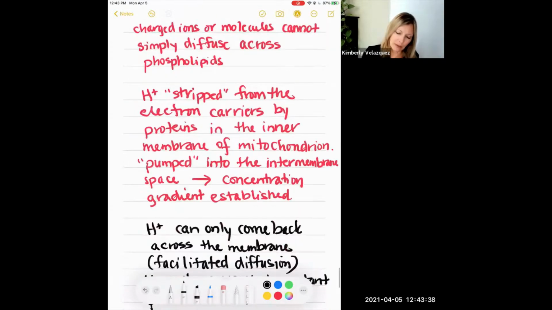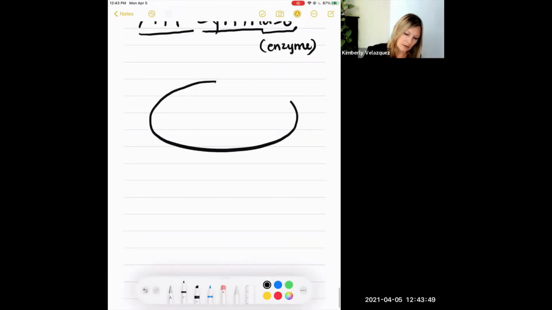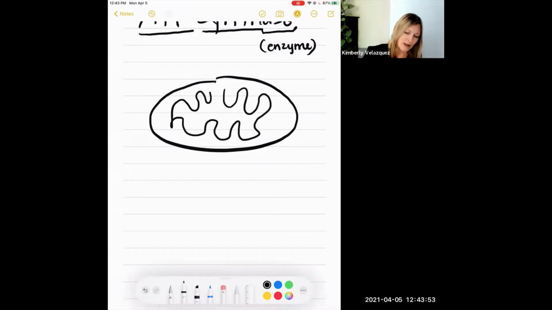But for now, I'm going to blow up that membrane. I'm going to draw a blow up of that inner membrane. So if we look at the mitochondrion again, sloppy version, I'm going to just take a piece of that and blow it up. So I'm blowing up that inner membrane, and it's phospholipids, which hydrogens cannot come across.